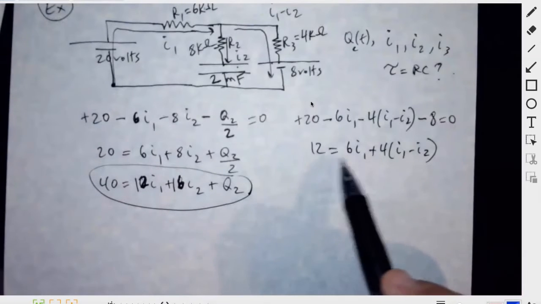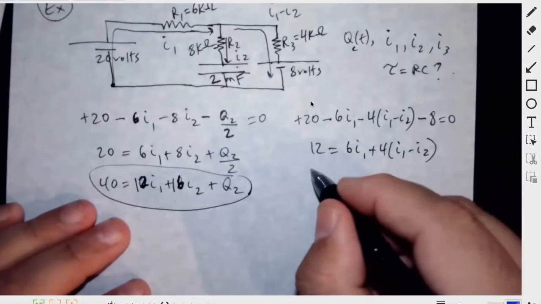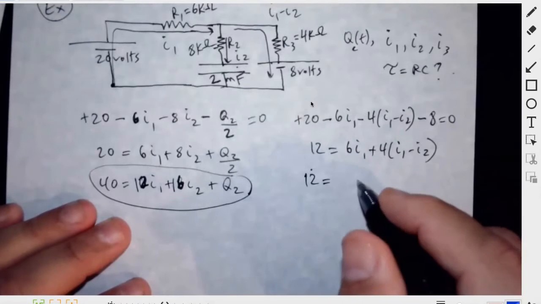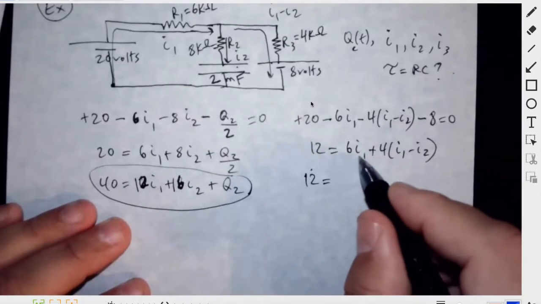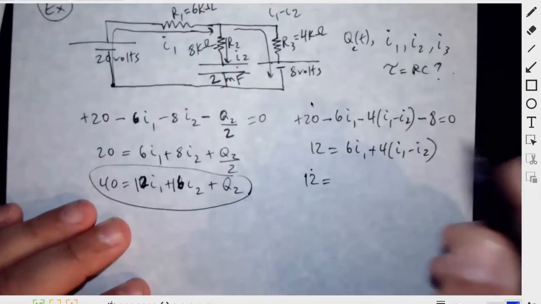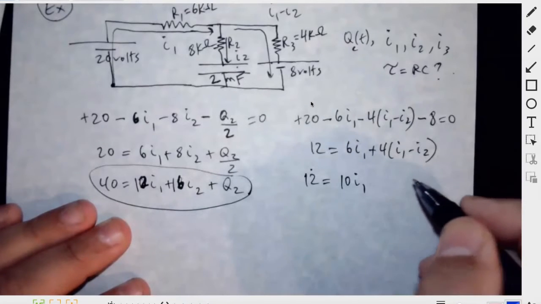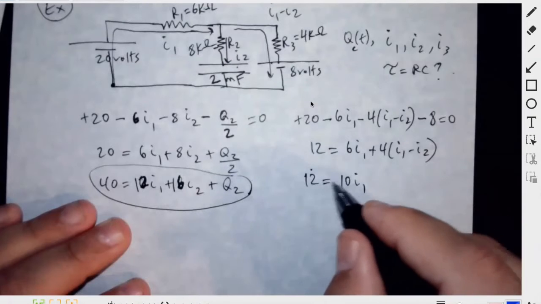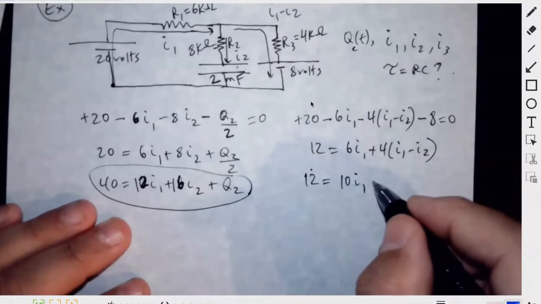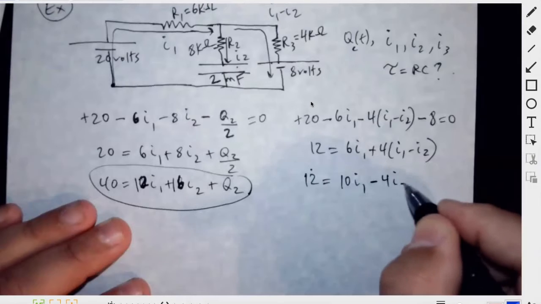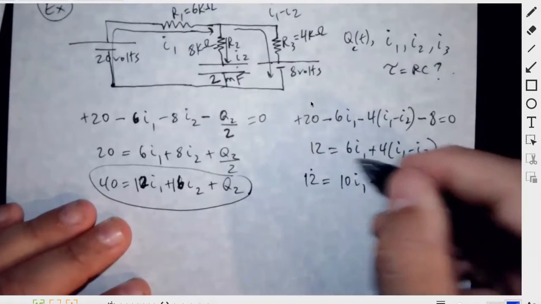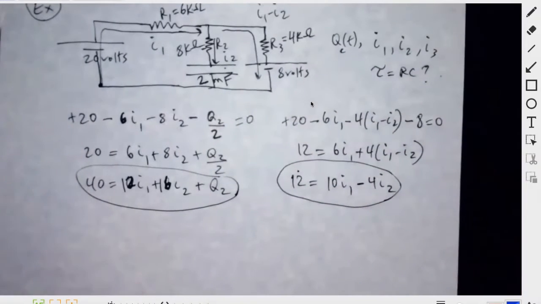Okay, so then you're just going to have 12 is equal to 6I1 plus 4I1, 10I1, right? 12 is equal to 10I1 minus 4I2. Okay, so here's my next equation, right? Cool. So 10I1 minus 4I2.